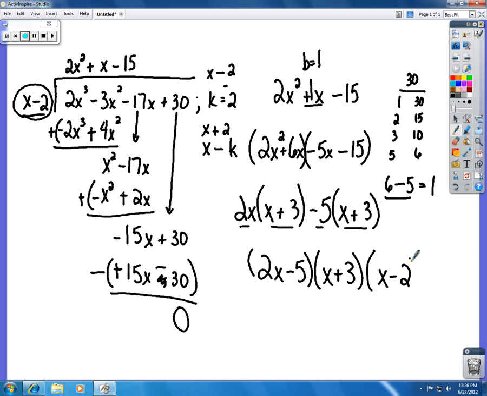So our polynomial that we began with, 2x cubed minus 3x squared minus 17x plus 30, factors out into 2x minus 5 times x plus 3 times x minus 2.